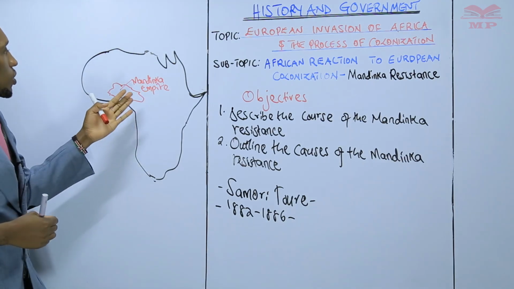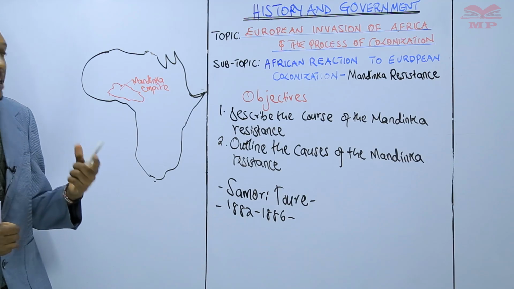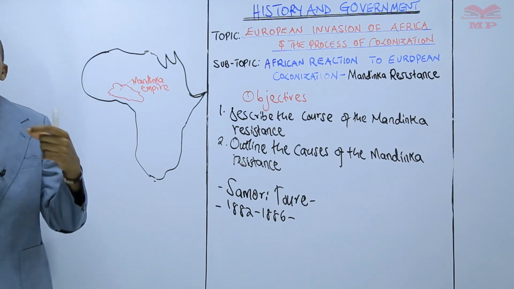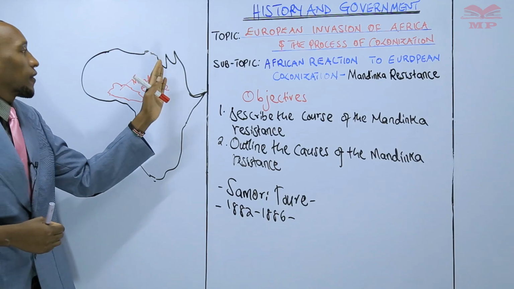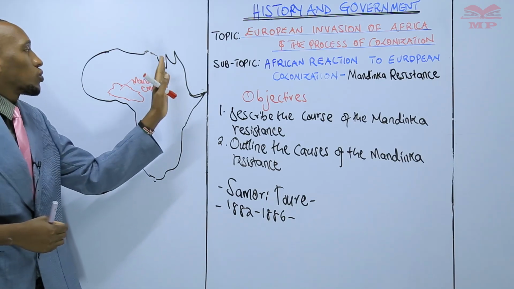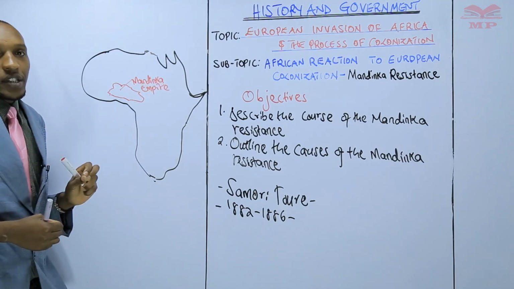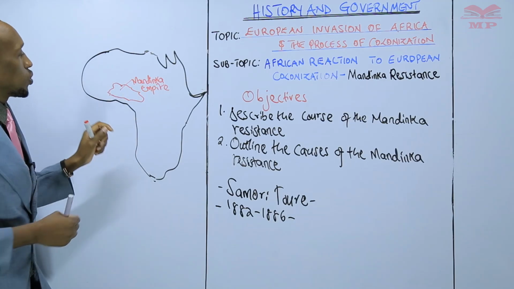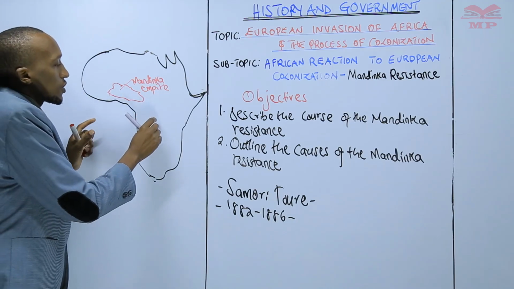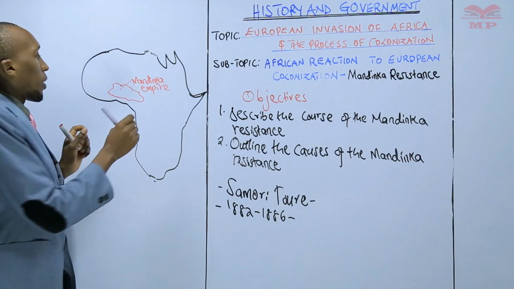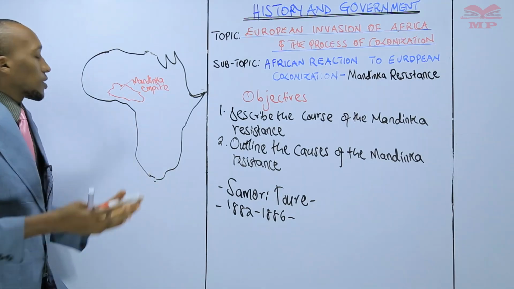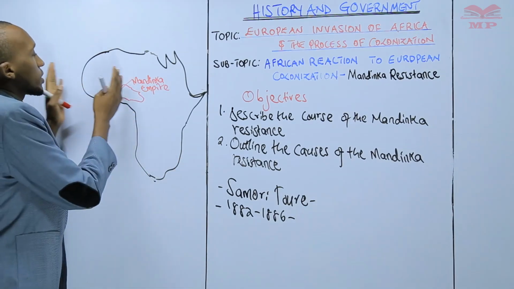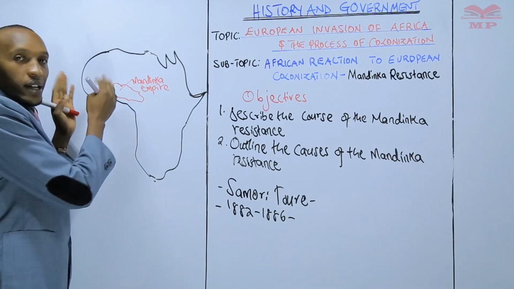While he was doing that, remember we said during the scramble and partition of Africa, in Egypt, the French were unable to get hold of Egypt. So they resorted to getting colonies in the Congo, where they could not also get a very substantive territory. So they resorted to come to West Africa.